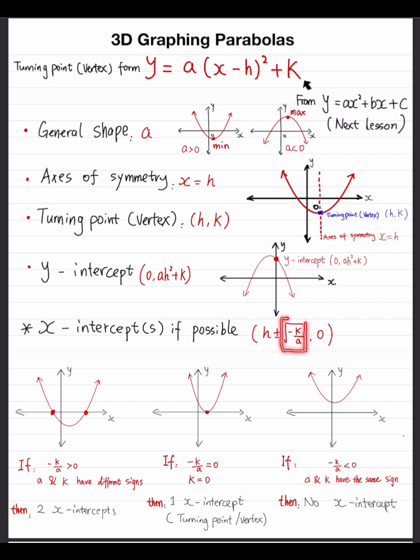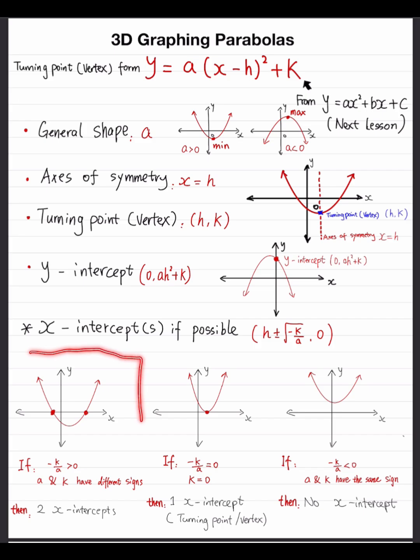Looking at this square root term, inside of it you have negative k over a. Because this is sitting inside the radical, you have to make sure that negative k over a is non-negative. Otherwise, no real solutions can be found.